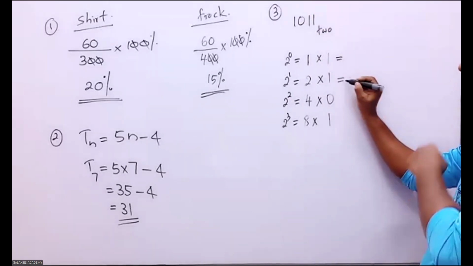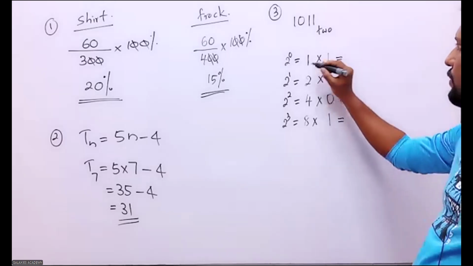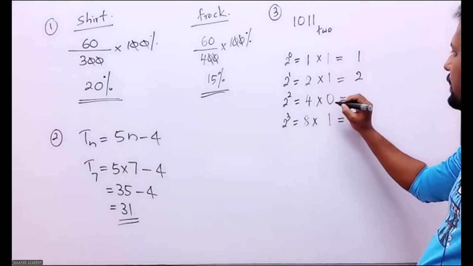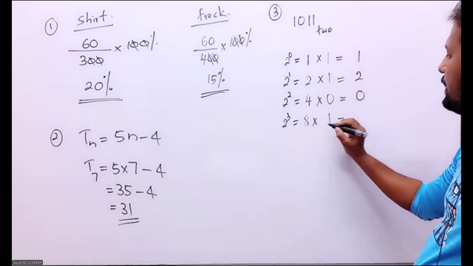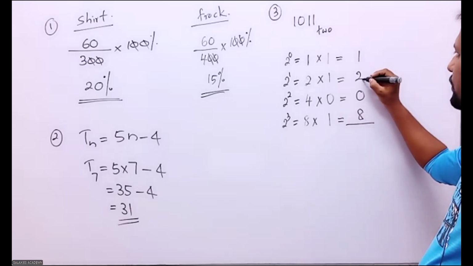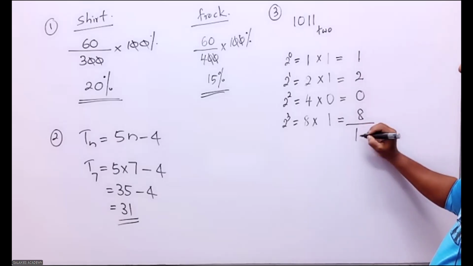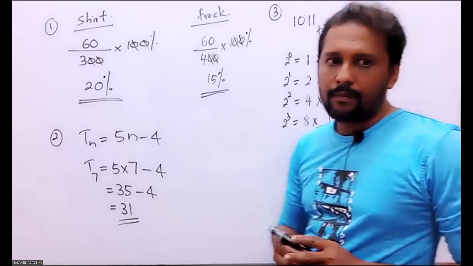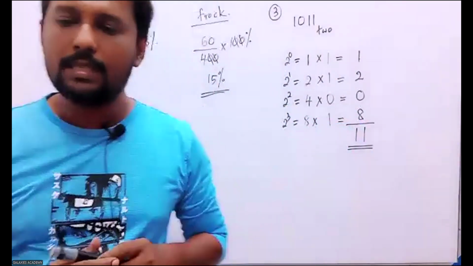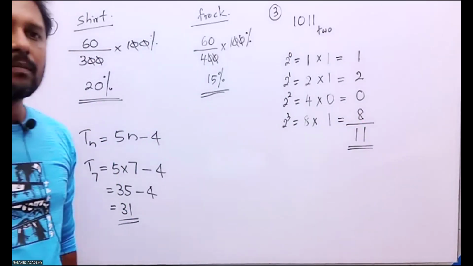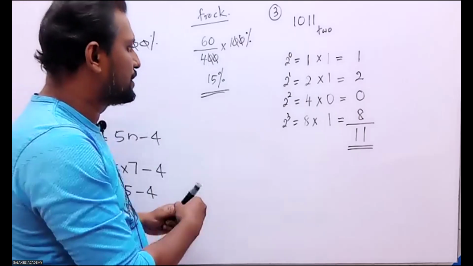Then you can multiply these values. 1 times 1, 1. 2 times 1, 2. 4 times 0, 0. 8 times 1, 8. 8 plus 2, 10. 10 plus 1, 11. So what is the decimal value? 11. Right? Decimal value is 11. It is the third question answer.